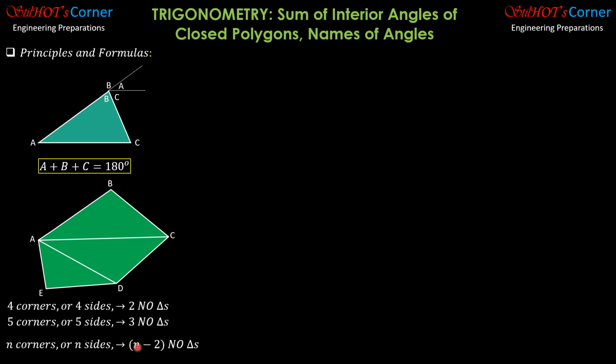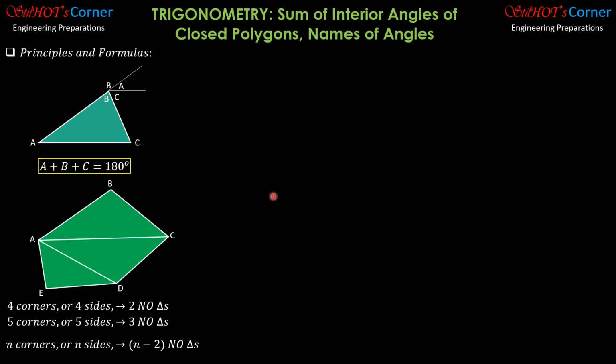So this is correct. Therefore, because the sum of the interior angles of each triangle is 180 degrees, the sum of the interior angles of a closed polygon with n corners or n sides is the number of non-overlapping triangles times the sum of the interior angles of a triangle, which is 180 degrees.